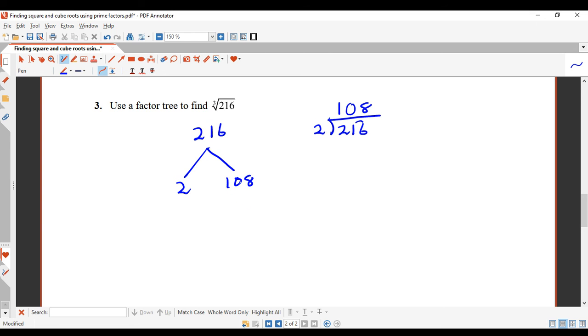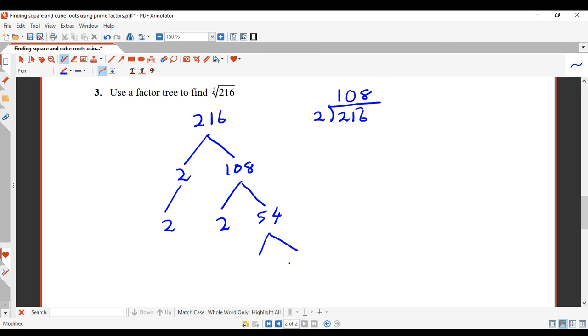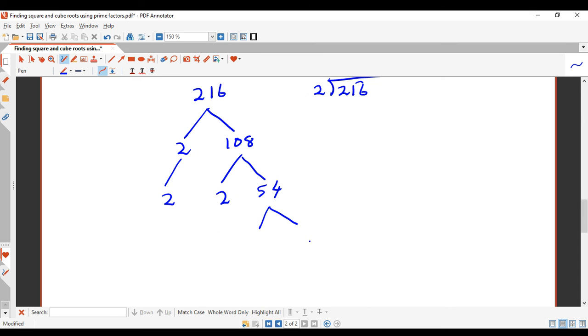Now, 108 is an even number, so it's divisible by 2 again. So if I divide that by 2, I'm going to get 2 times 54, because half of 108 is 54. Bring down the 2 again. Now, 54 is 6 nines, isn't it? 6 times 9.